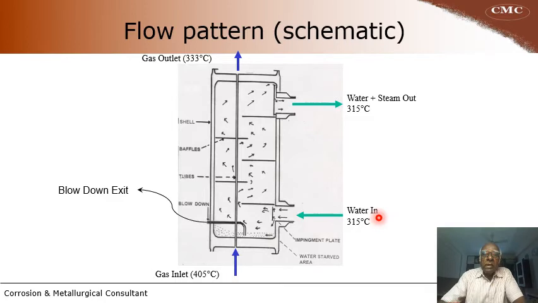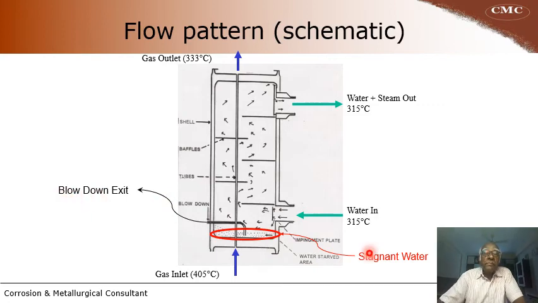Water enters at 315 degrees centigrade, goes around the shell and goes out as water and steam at the same temperature, 315 degrees centigrade. The latent heat to produce steam is taken from the hot gas. So this is the flow pattern schematic, and there is blowdown water getting stagnant at the bottom, and there is a blowdown exit.